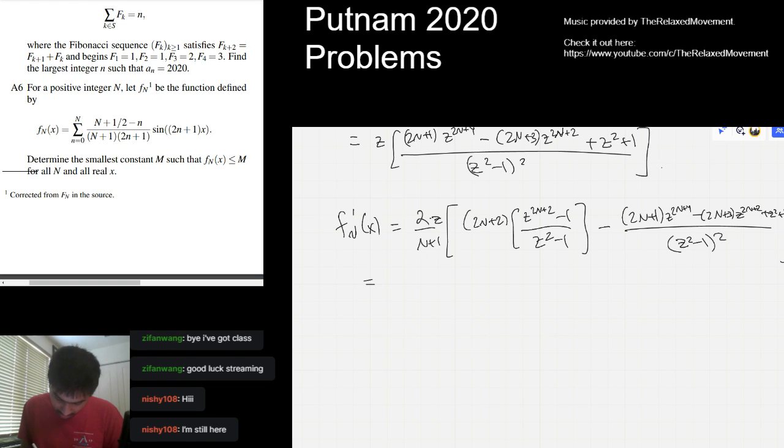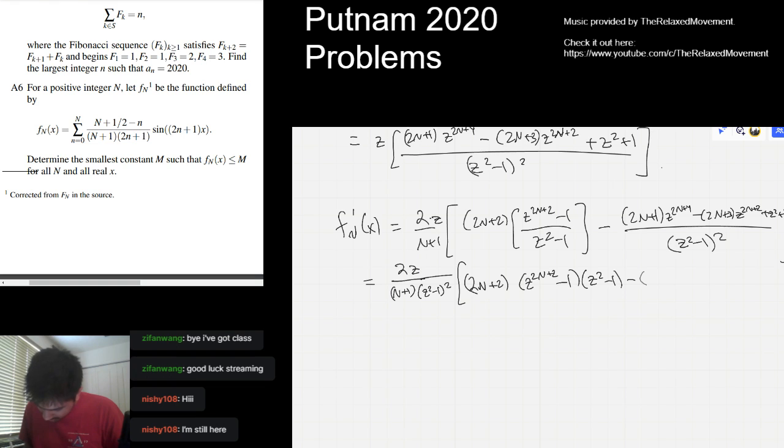Is equal to 2z, z to the 2n plus 2 minus 1, z squared minus 1 minus, plus z squared plus 1.